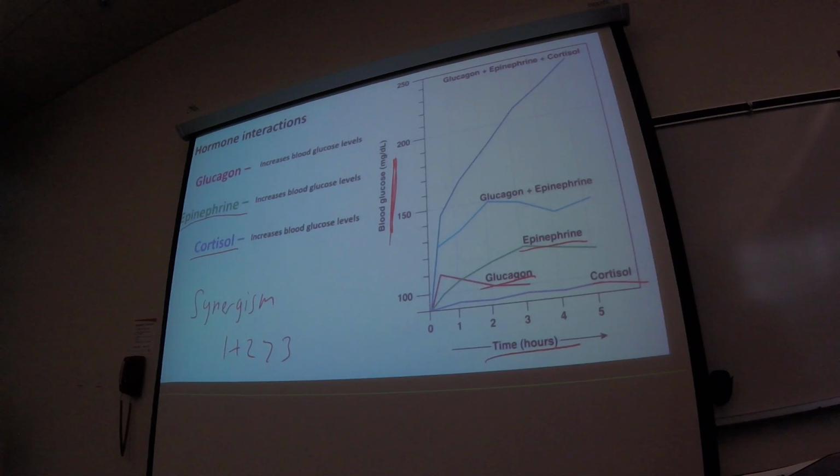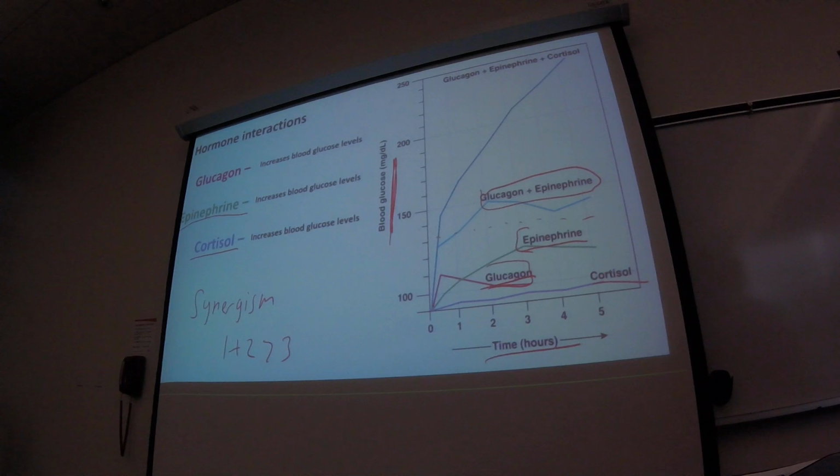If you combined epinephrine and, let's say, glucagon, and add those 2 levels together, it is still lower than the observed real effect. There is some synergy: when you add them together, you get more than the effect if you just added the 2 things independently. Does that make sense?